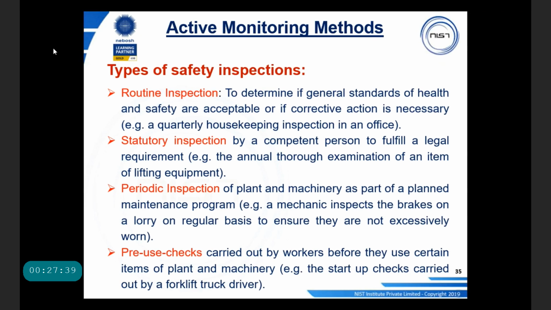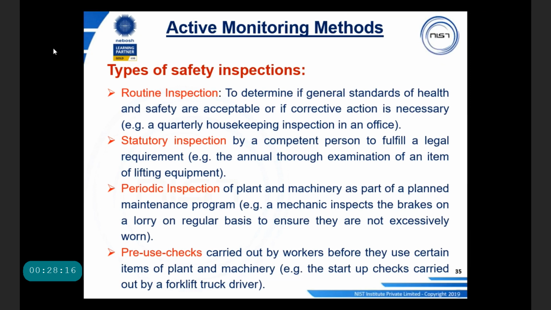Types of safety inspections. Routine inspection to determine if general standards of health and safety are acceptable or if corrective action is necessary. Example, quarterly housekeeping inspection in an office. Second one, statutory inspection by a competent person to fulfill a legal requirement. Example, the annual thorough examination of an item of lifting equipment.